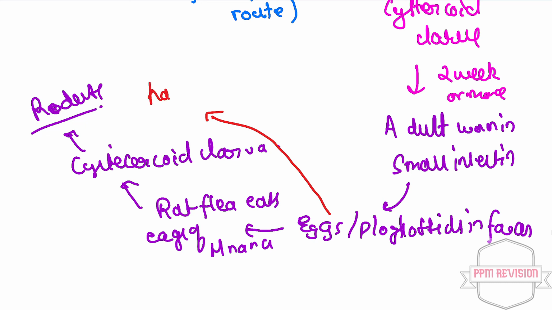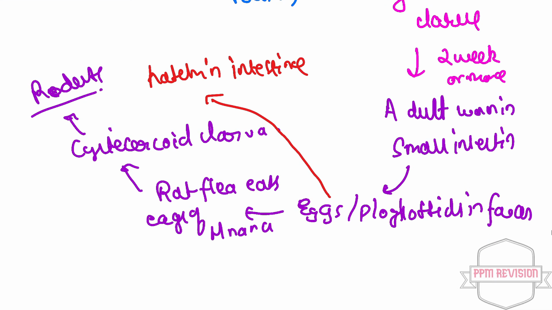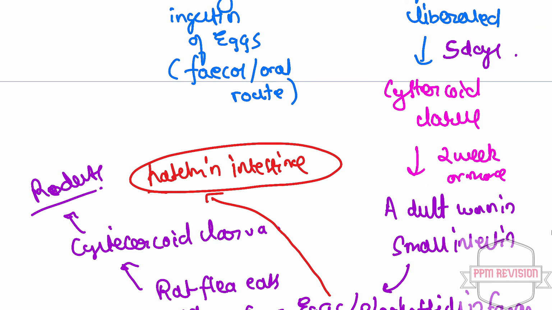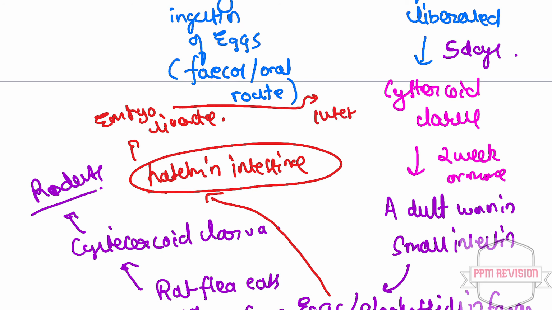So it can hatch in the intestine, and before it comes out in the feces, it hatches out in the intestine, and the embryo is liberated, and it invades the intestinal wall, and then this cycle continues.